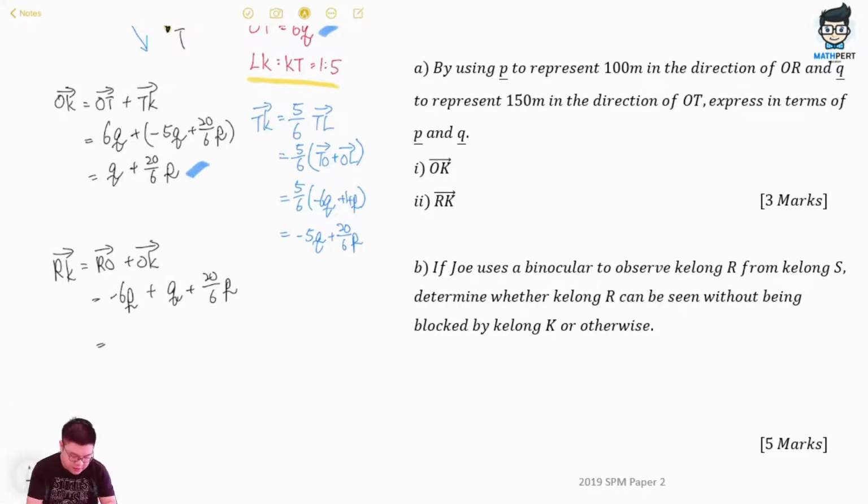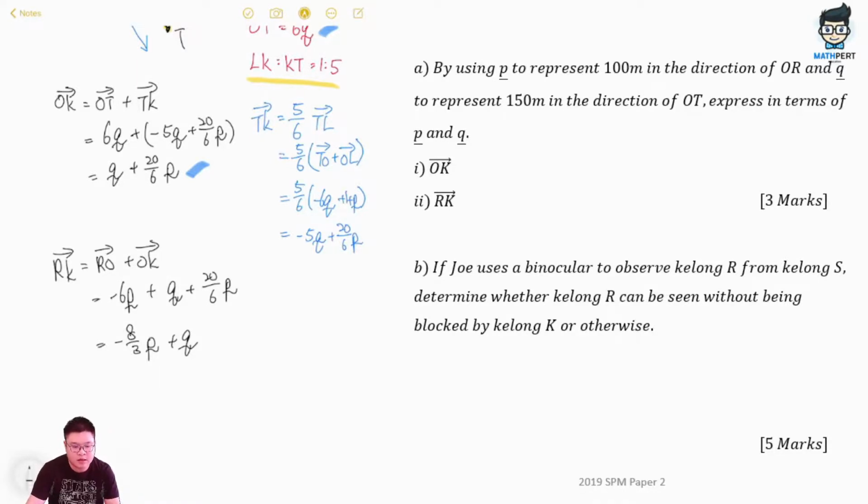Negative 6P plus 20 over 6. I'll get negative 8 over 3 P plus Q. Alright, so this is the vector for RK.